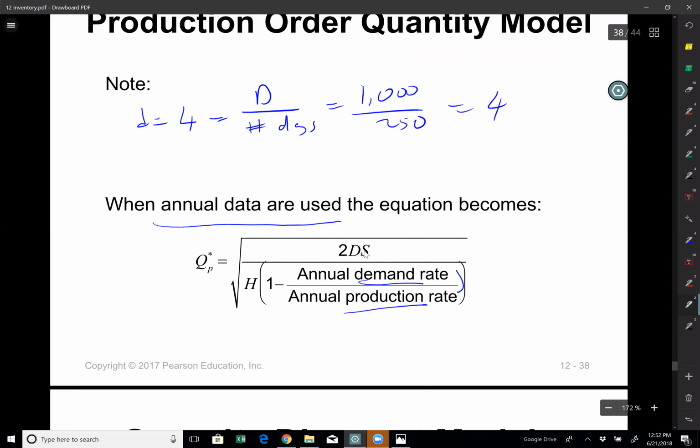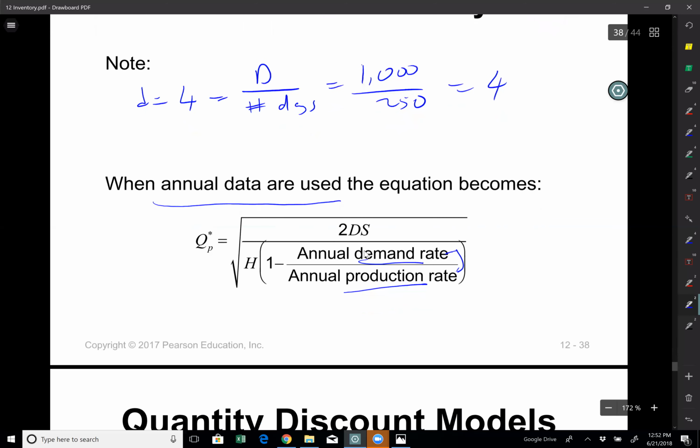As long as they have the same unit measures, per month, per day, per year, whatever it might be, those units will cancel each other out, so you are going to be fine. So it doesn't have to be really small d and small p here. It could be capital D and capital P or whatever, however you denote it.